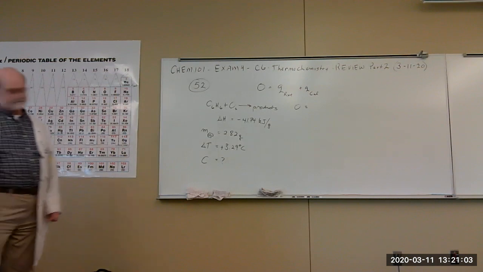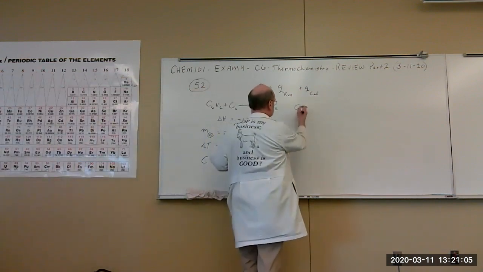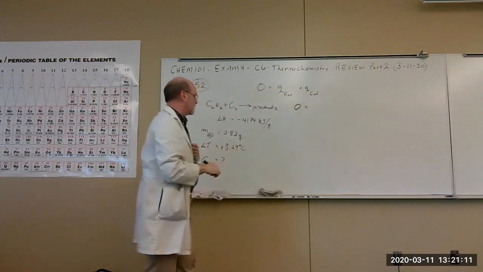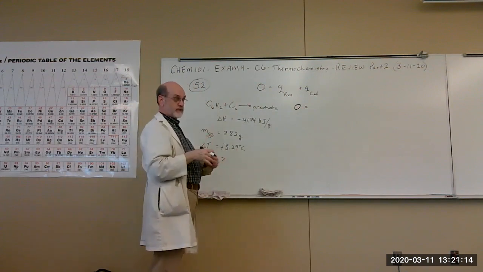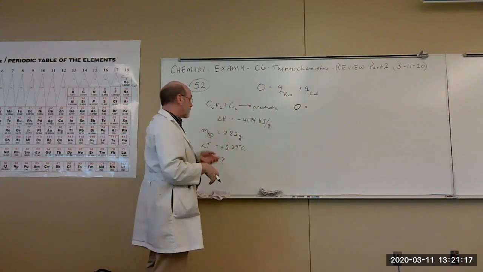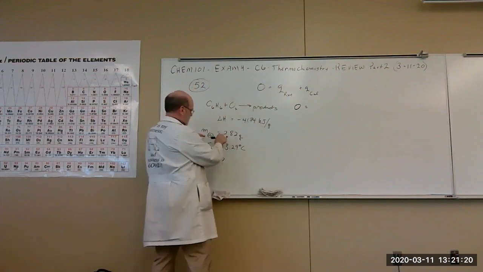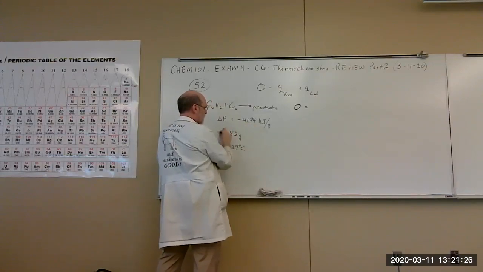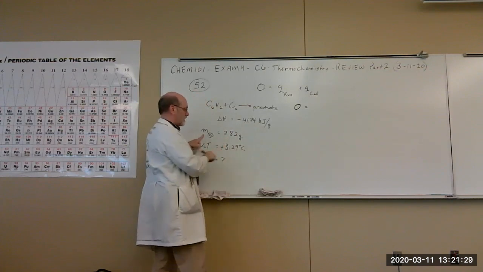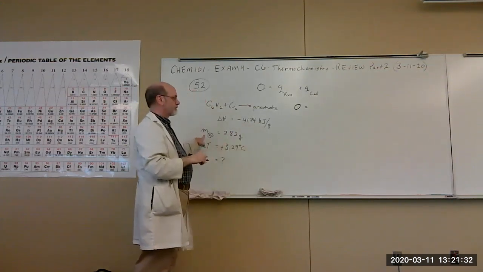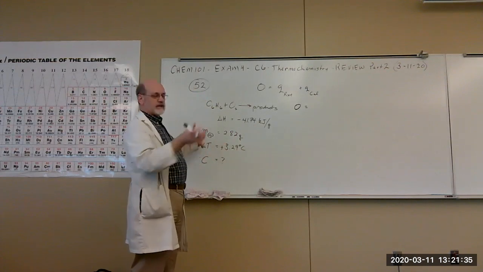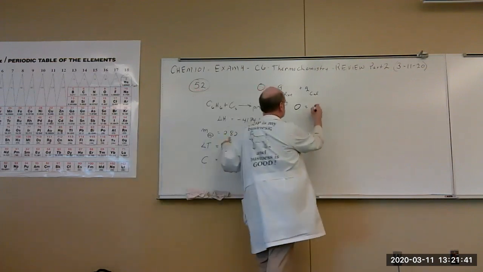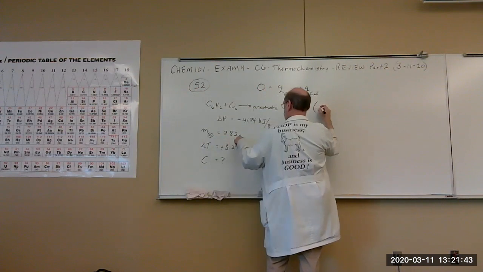Well, in this case, we're talking about a chemical process rather than a physical transfer of heat, which we've been talking about up to this point. The Q of the reaction is how many grams times the delta H, the enthalpy. That will give us so many kilojoules. But we need to convert that to joules.